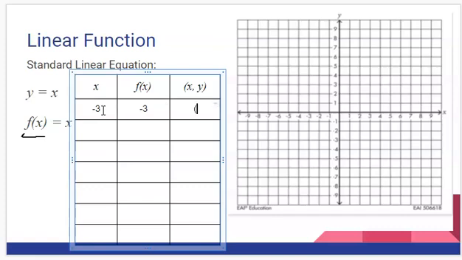So my coordinate is (-3, -3). Make sure you write it as a coordinate, with parentheses around it. I have negative 2. Again, my output, my f of x, is negative 2 as well. Write my coordinate, (-2, -2). We're going to do a couple more. Make sure you're writing these down in your notebook, so you can also have the graph of these functions.